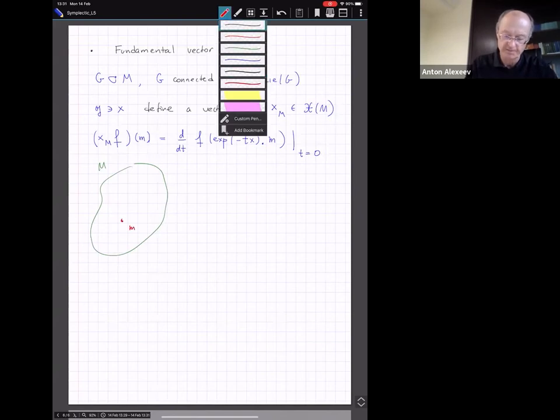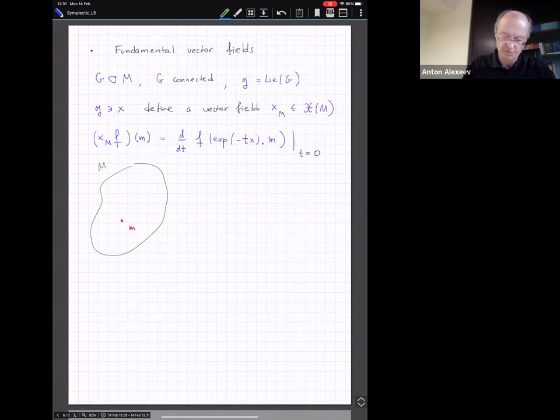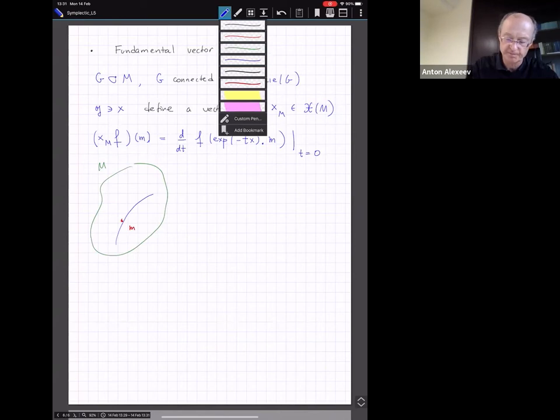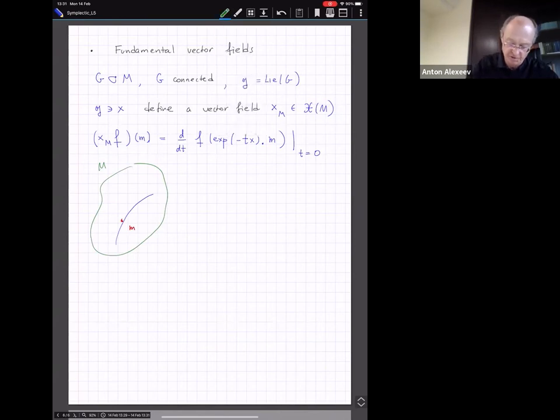And here is the orbit traced by the subgroup. So here, exponential of minus tx acting on m. I'm taking the orbit of this one-parameter subgroup, and I'm differentiating at the point m with respect to this action.